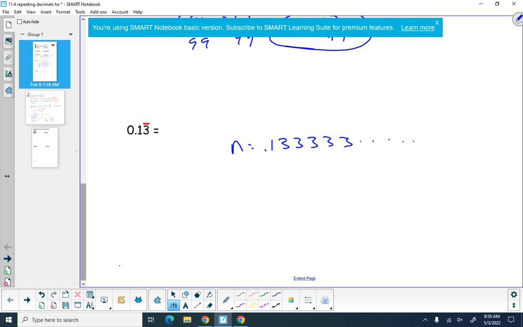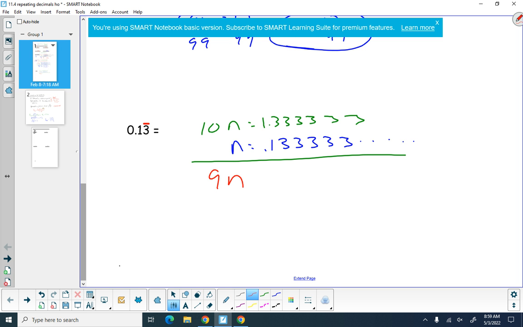Let's see what happens if we multiply both sides by 10. We have 10n here. This is going to move my decimal place one position. So we have 1.33333, and so on. We have on the left-hand side 9n.